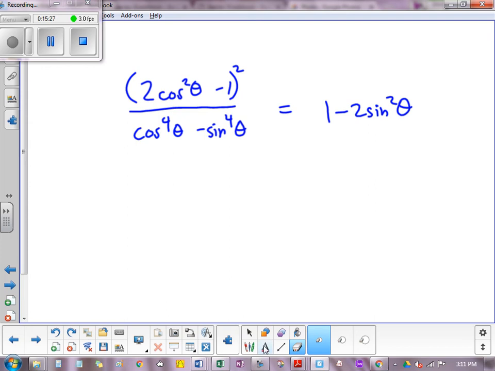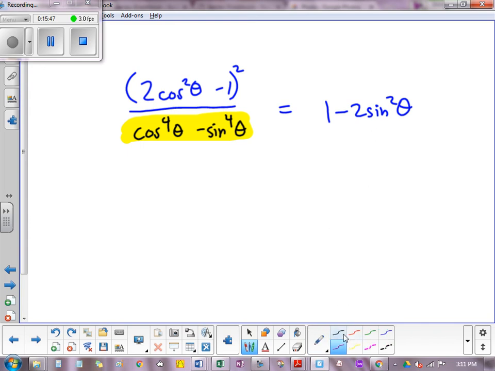Okay? So my first strategy on this problem is to factor the bottom. As tempting as it is to FOIL the top, and I might still do it later, I want to break this down. So what is cos to the fourth minus sine to the fourth made of?